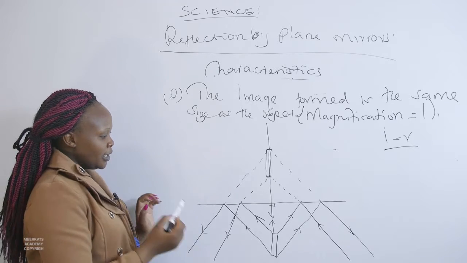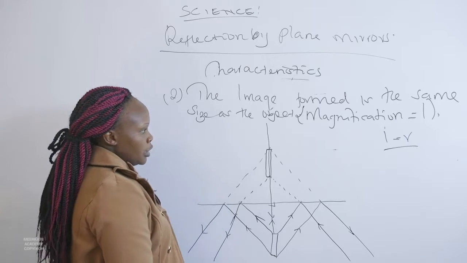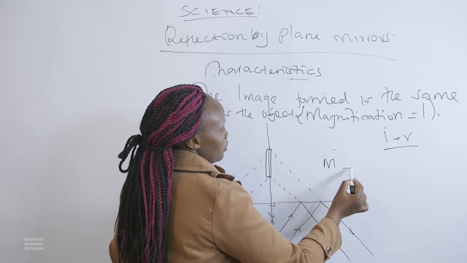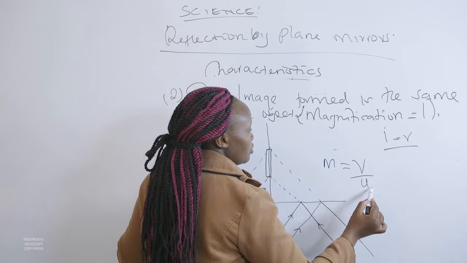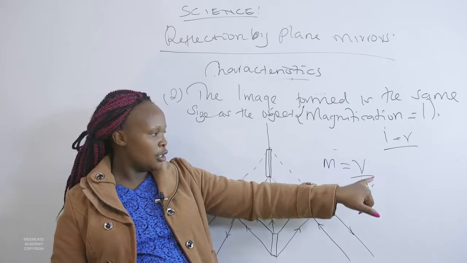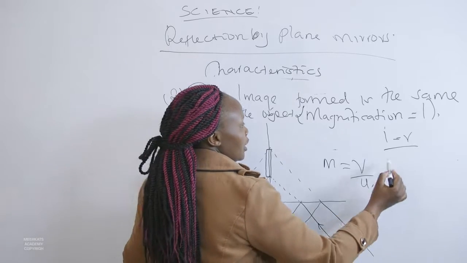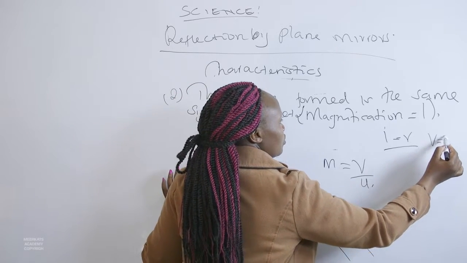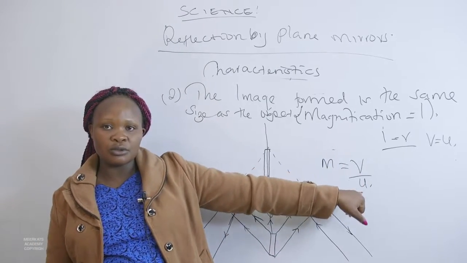That is to mean that, remember that magnification will be given by V over U, where V is the image distance, U is the object distance, and we said that here V is equal to U. Therefore, you expect this ratio to be 1.